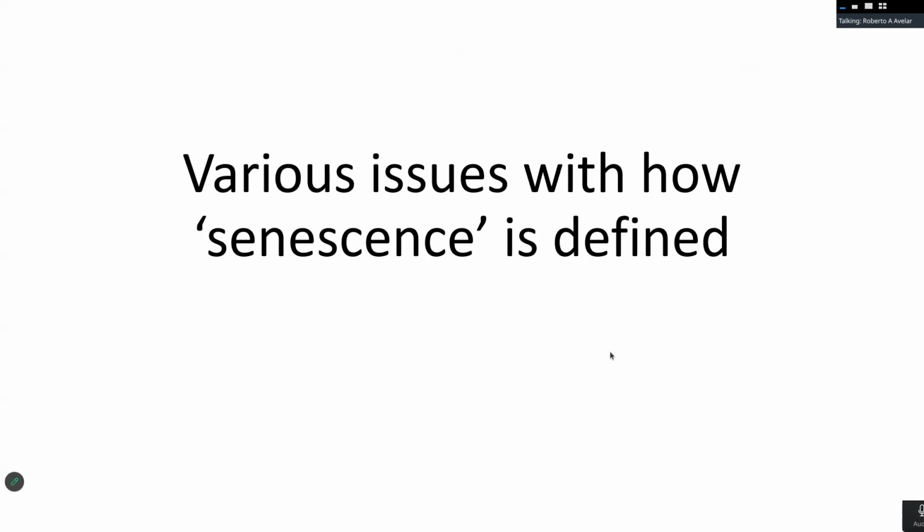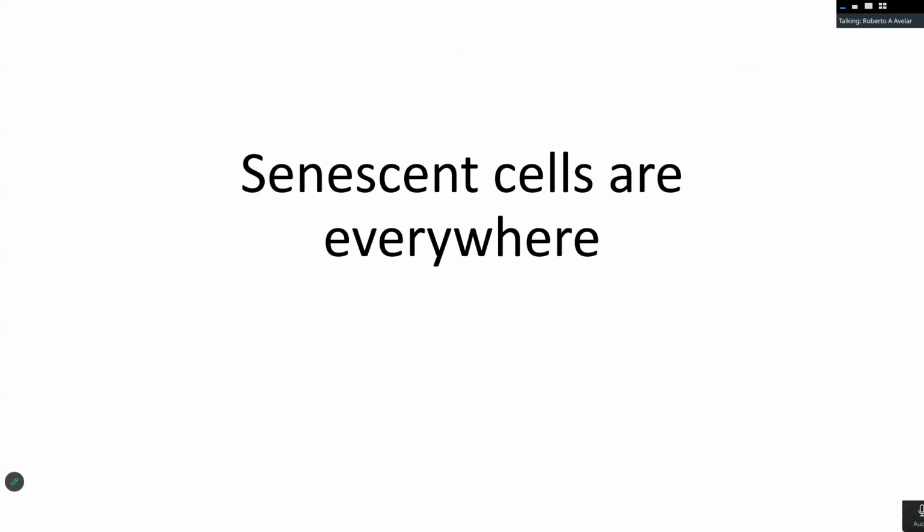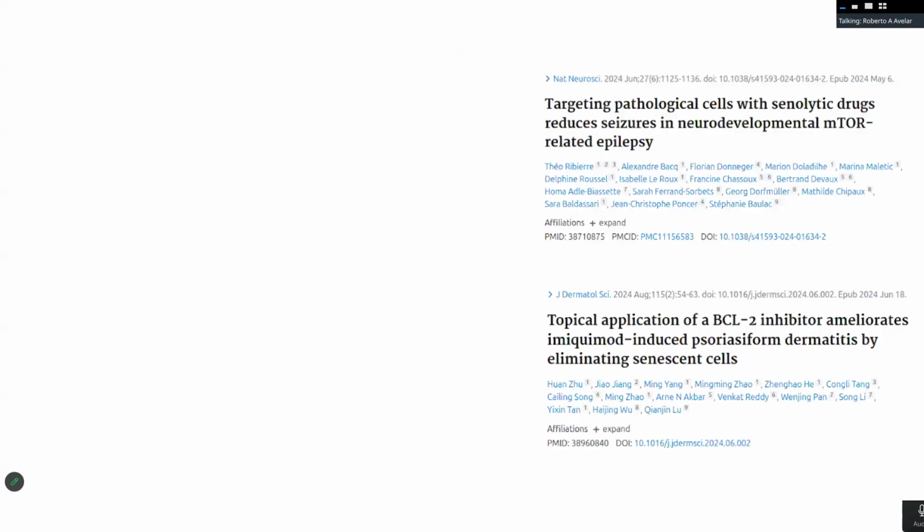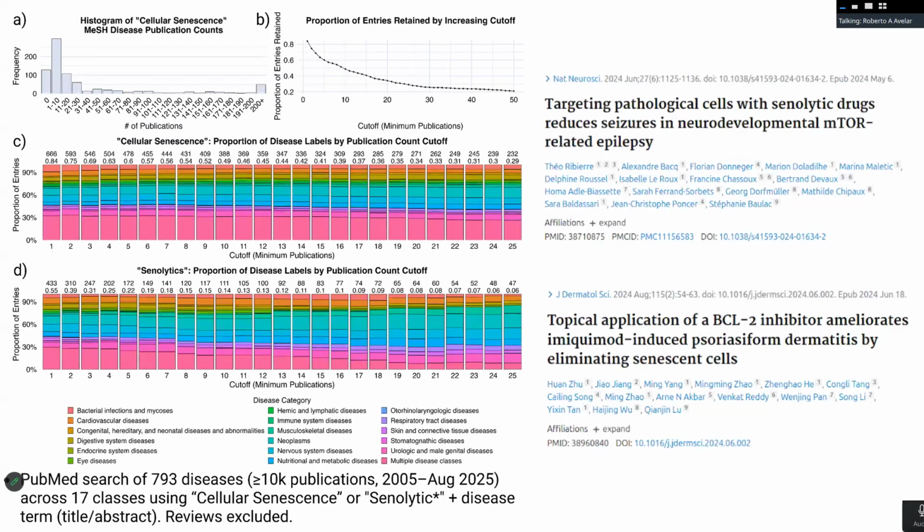All right, so as I've alluded, there are various issues with this definition. First of all, senescent cells are everywhere. This is kind of a stupid analysis, but I searched for cellular senescence with a bunch of different MeSH diseases and just counted the number of publications we find. I only did this for well-studied diseases because there are some very obscure MeSH terms which only have like 100 publications in the last 20 years.